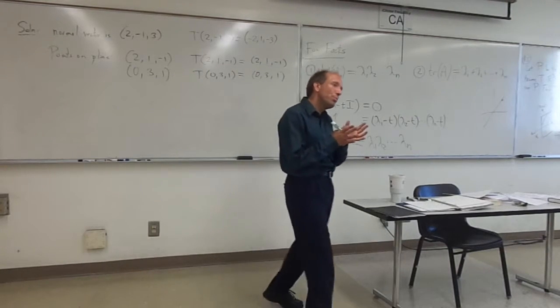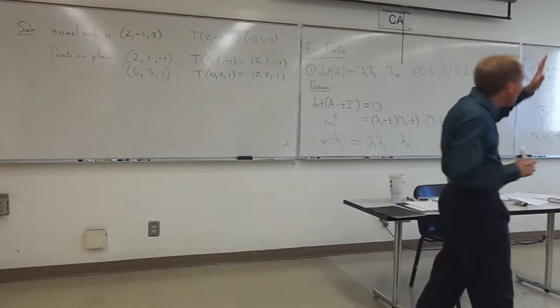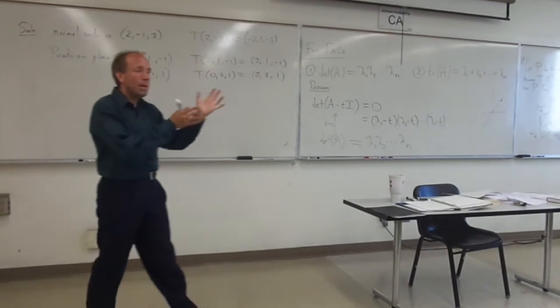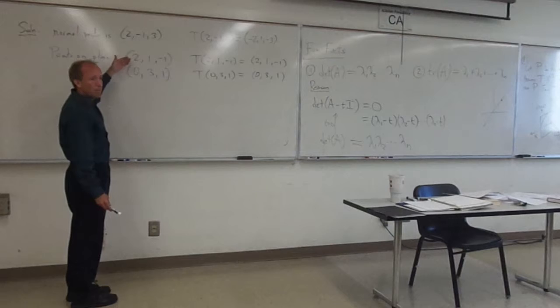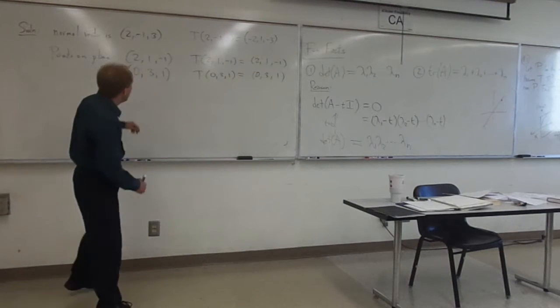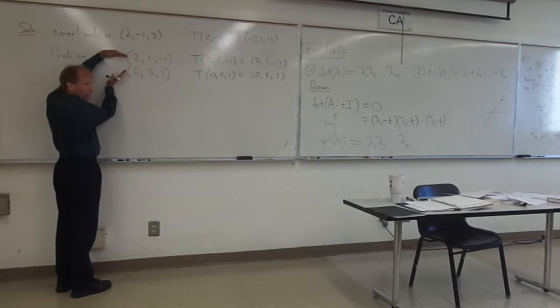I don't want to choose just 2 points. The plane is two-dimensional, so I can pick 2 points on the plane that are not linearly dependent. These are going to be linearly independent, and I know that without even checking. Are these 2 multiples of each other?